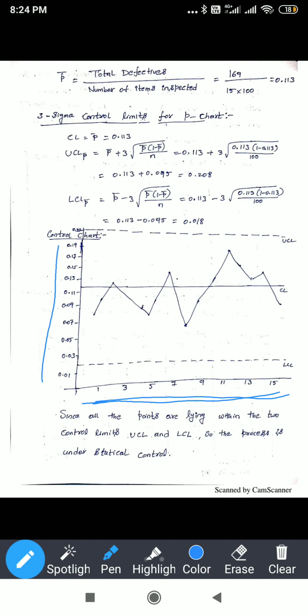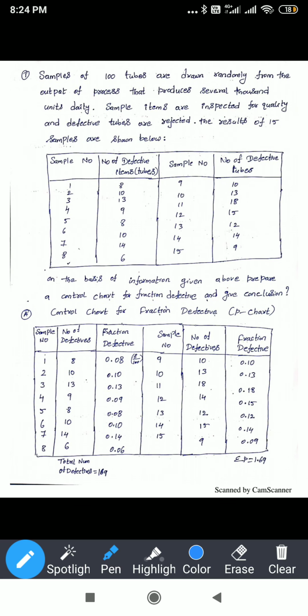Okay, and draw the graph for these points. See, this is the first point, 0.008, and this is the second point, this is the third point.